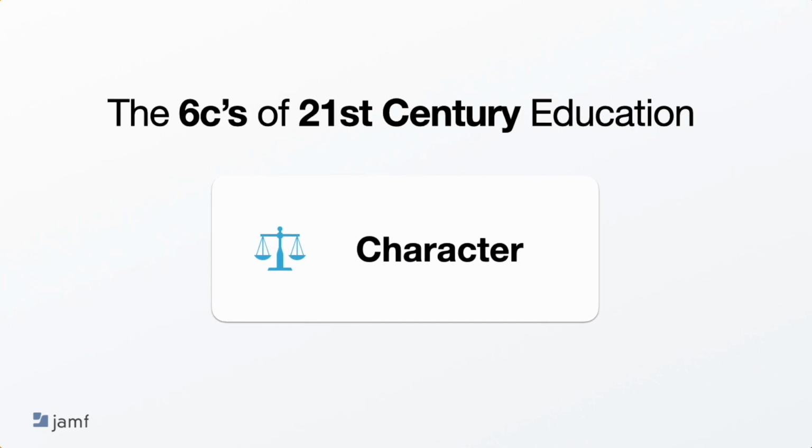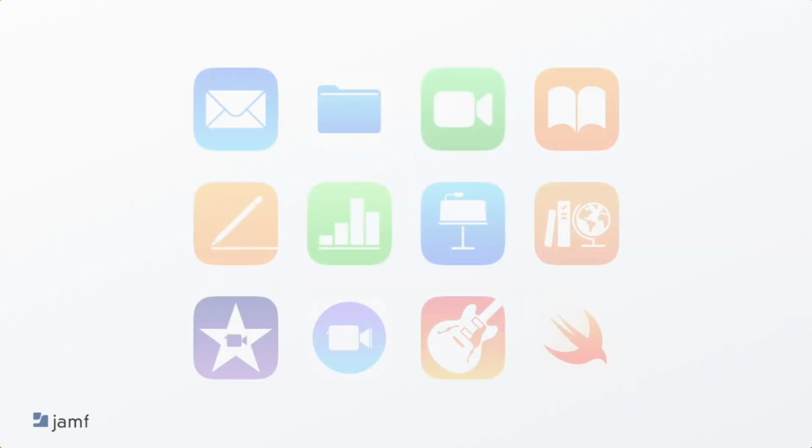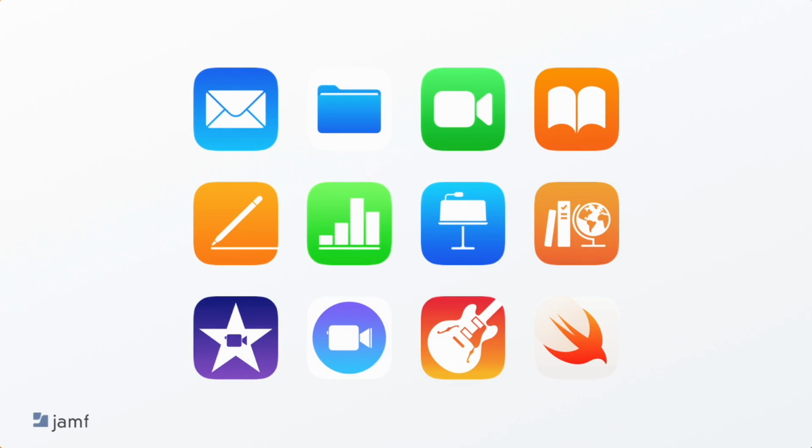Next, we have the C of character. And we know that character involves choice and voice. That's one of the skills in character development. By making use of all the apps that we've spoken of up to this point, in combination with Schoolwork, and that's the last app on the second row, students now have to make a choice as to how and when to use which app appropriately to express themselves.